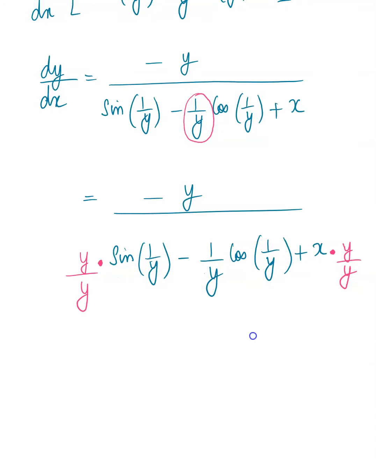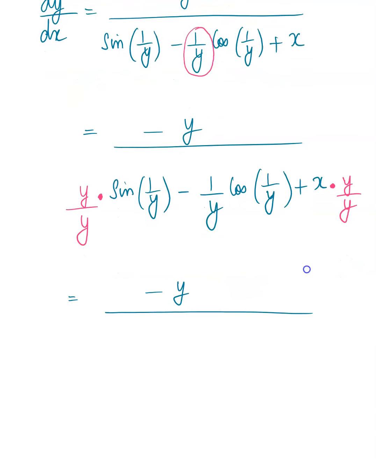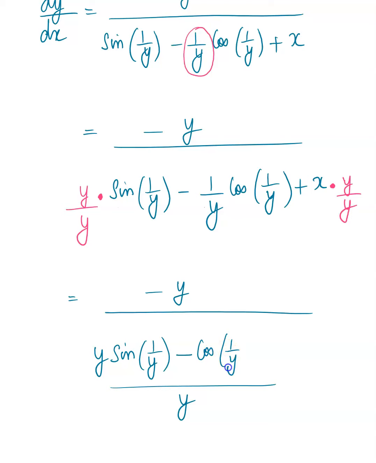Yes? Now they all have the same denominator y. We're only focusing on the denominator here, right? So that's going to be y times sine 1 over y minus cosine 1 over y plus xy.